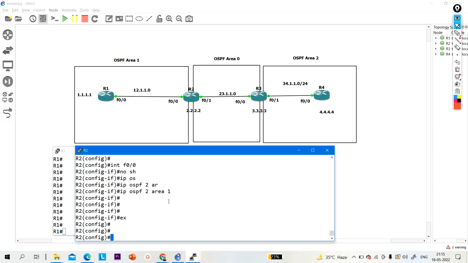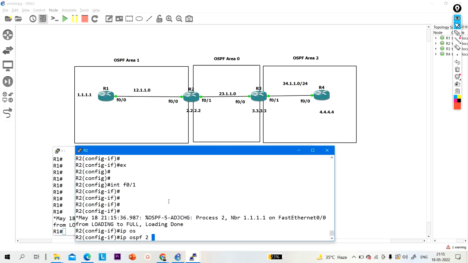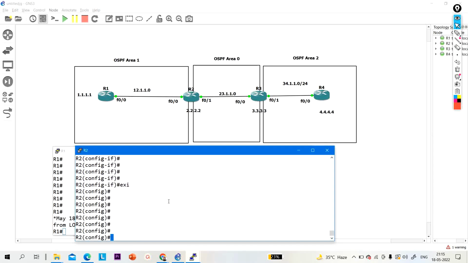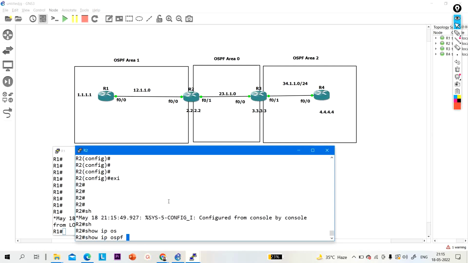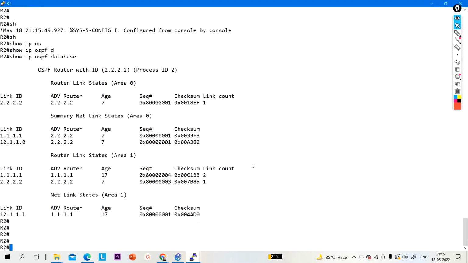Now go to interface FastEthernet 0/1: ip ospf process ID 2 area 0. I think this is the best way to configure OSPF rather than advertising networks using a wildcard mask.